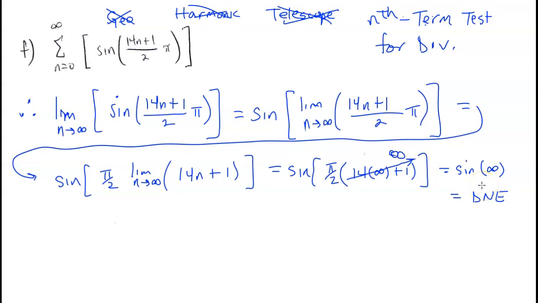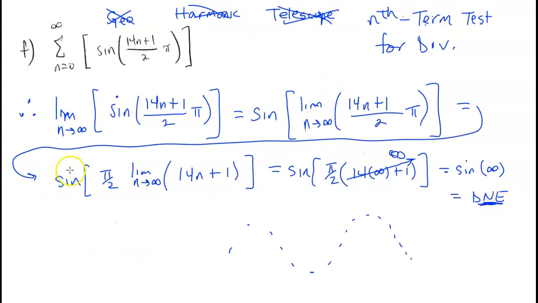And again, the reason for that is that sine is a function that goes like this, and in terms of a sequence, it's just going back and forth. So it's not ever going to behave like it's going to one thing. Because of that, we say that it does not exist.